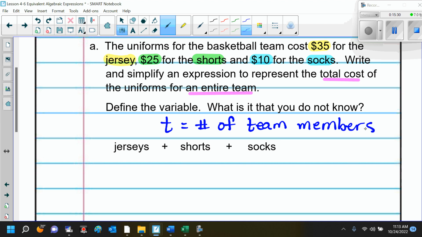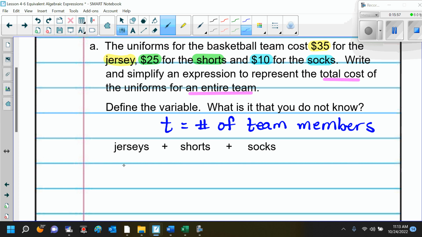So this part right here is also important. If we add the cost of the jerseys, the cost of the shorts, and the cost of the socks, then we'll get the whole thing, right? So how do I write an expression for how much I'm going to spend for jerseys? The 35, the cost of the jerseys, times however many people are on the team, right?